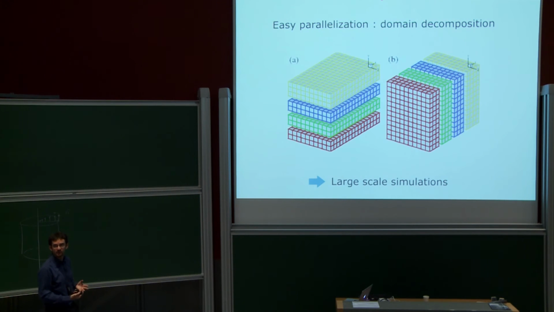So it's a very limited amount of information that is exchanged between the domains. Of course the aspect ratio here is maybe not very efficient, but if you have a very large system, you can cut it into pieces and have each processor work on part of your system and simply exchange a little bit of information corresponding to the boundaries between domains.